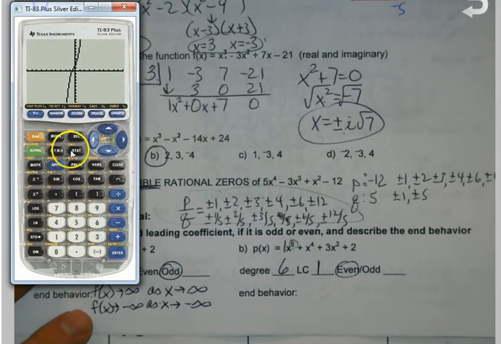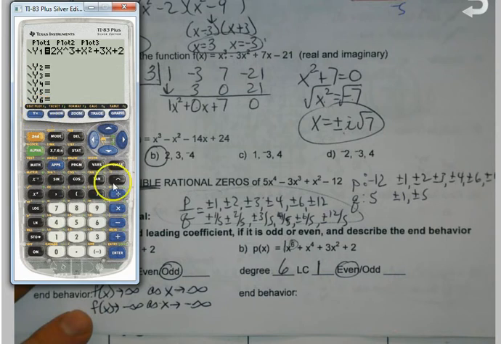Swing this guy over here, and we'll finish this page up. X to the 6th, x to the 4th, 3x squared plus 2 graph.